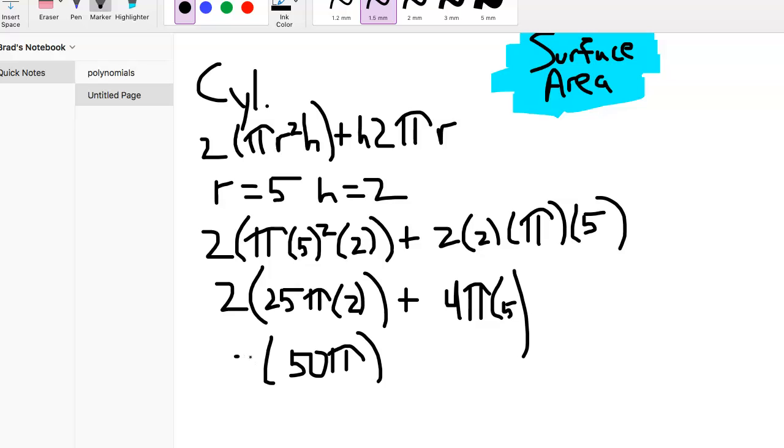Don't forget about the 2 on the outside here. Plus, we have 4 pi times 5. 4 times 5 is 20. So 20 pi, right? Okay, now we're almost there. So we got our 50 pi times 2. That's going to be 100 pi.